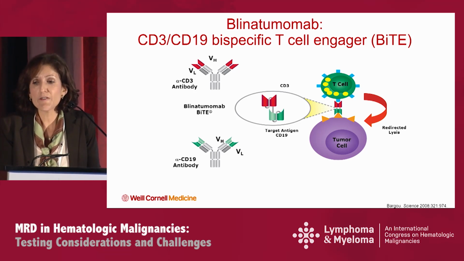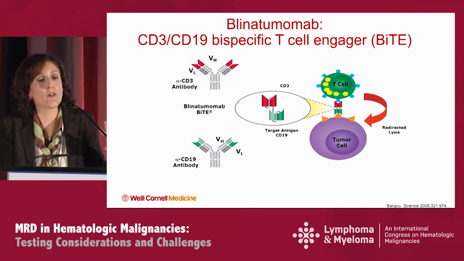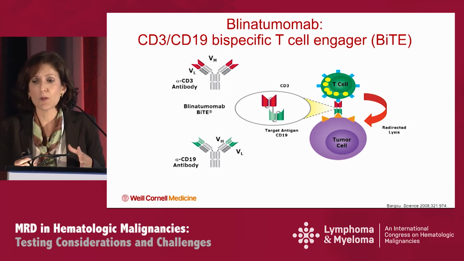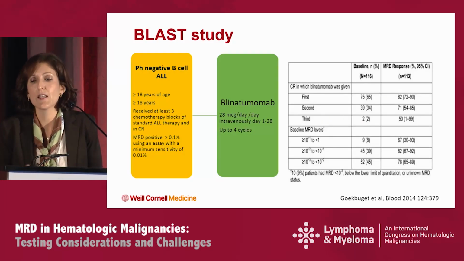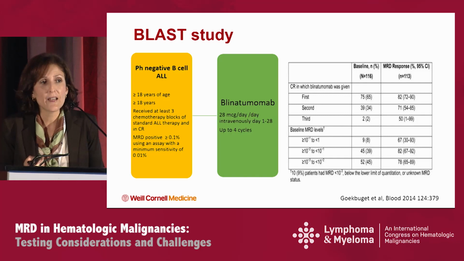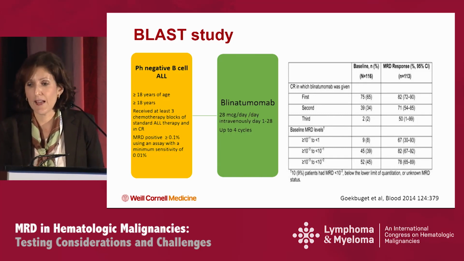So if there are leftovers, here we've got blinatumomab, which is a BiTE. It's a bispecific T-cell engager, in this case a CD3, CD19 bispecific, which hopefully grabs onto your MRD and makes it go away. And the point is that this is approved for the treatment of MRD positive patients with ALL.